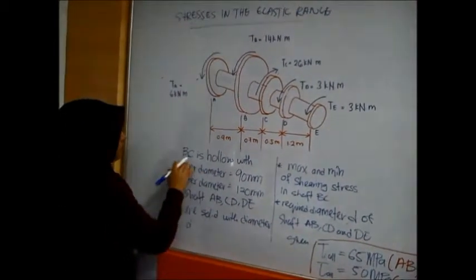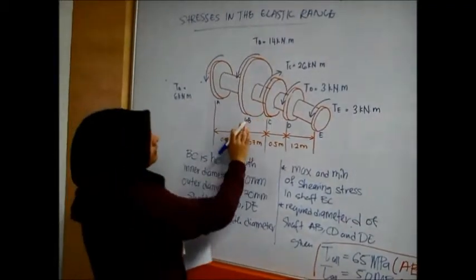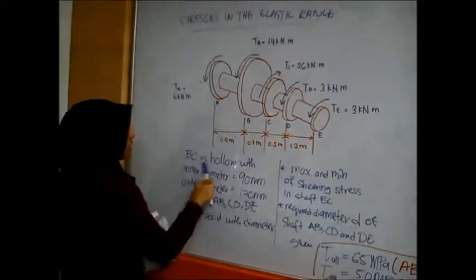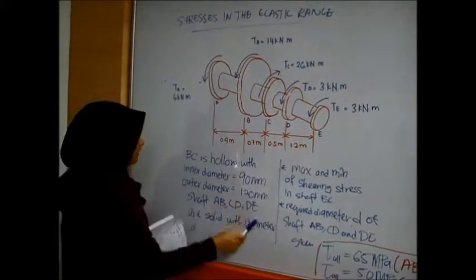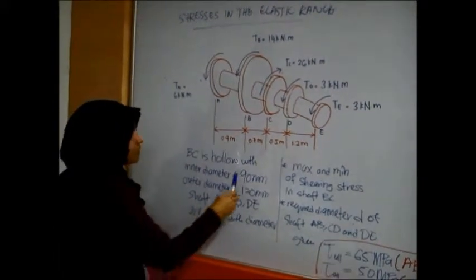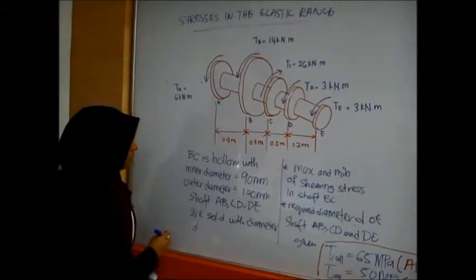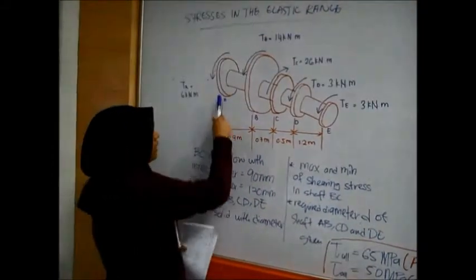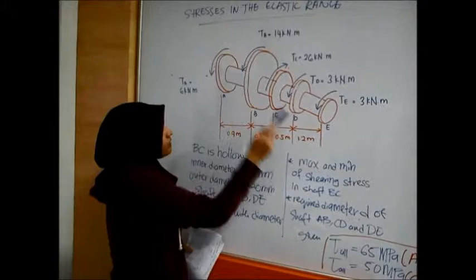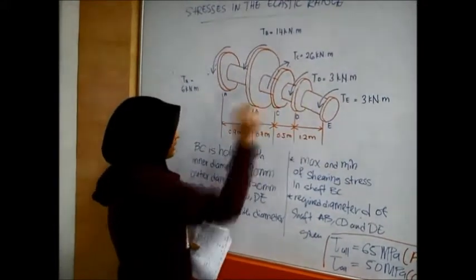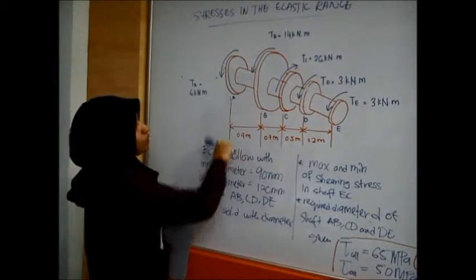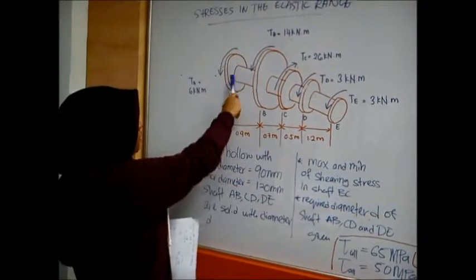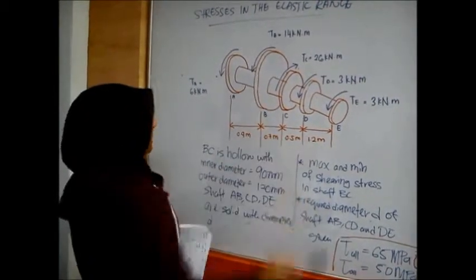For example, in this topic, over here we have a shaft. It states that the shaft BC is hollow with an inner diameter of 90 millimeters and an outer diameter of 120 millimeters. And the shafts AB, CD, and DE are solid with diameter d. We don't know the diameter of shafts AB, CD, and DE.